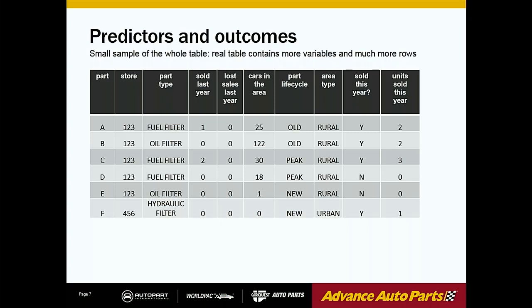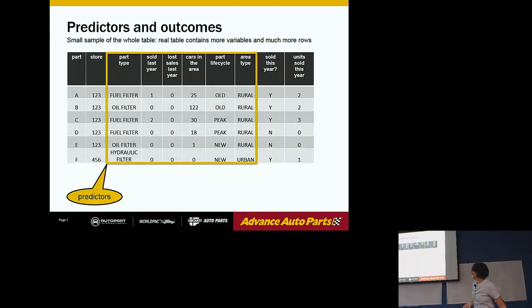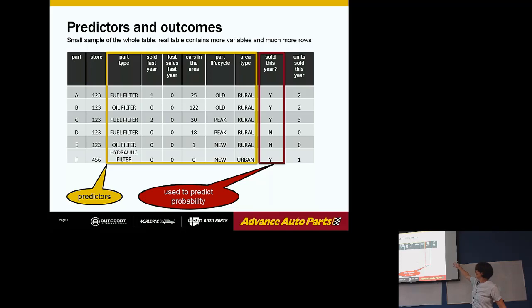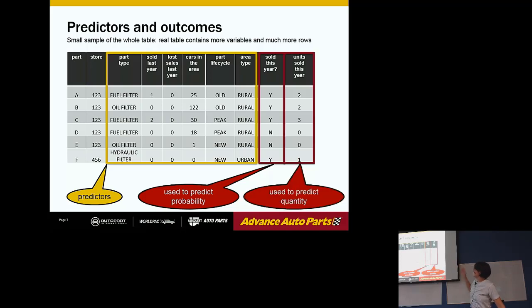Is this just a new item, or is it an item that just fits the old vehicles, so it's going out of its life cycle? We know what kind of area type it is, and for probability predictions, we were looking at a column which was: was it sold this year? And for units, we are interested in the column of how many units we sold. Then we take the predictors, and for probabilities we take this column, and for quantities we take that column, in order to predict what's going on.